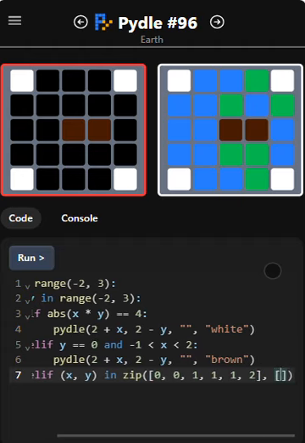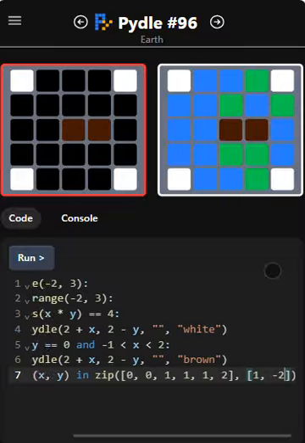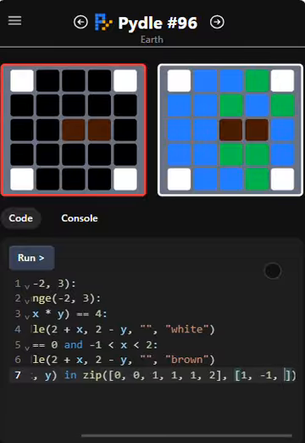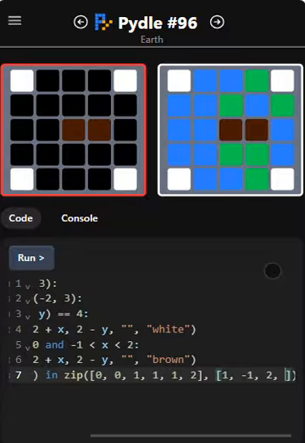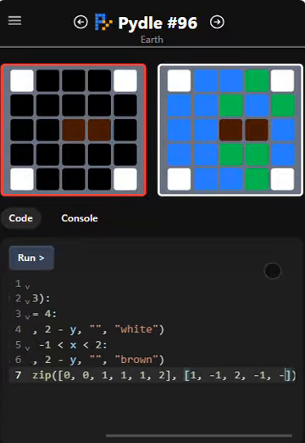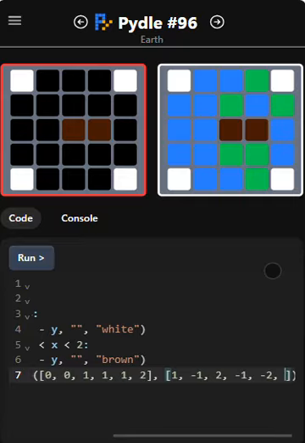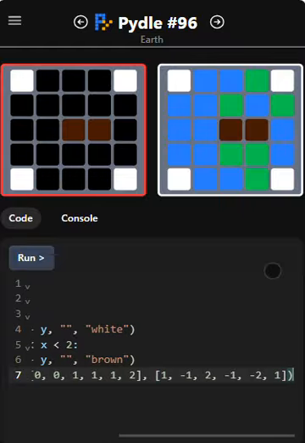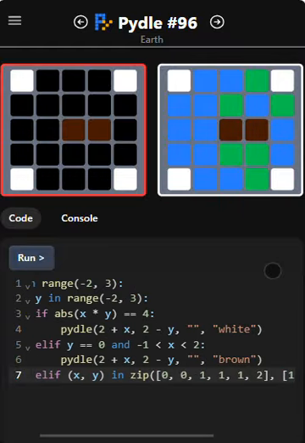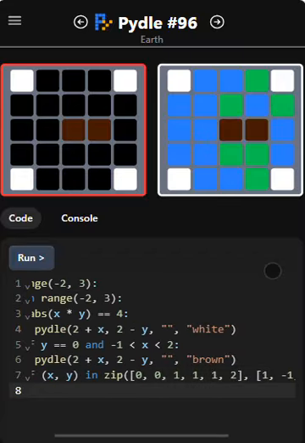And the y's would be 1, minus 1, 2, minus 1, minus 2, and then a lonely one there at 1. Okay, the zip is extremely useful, and they're going to be green.